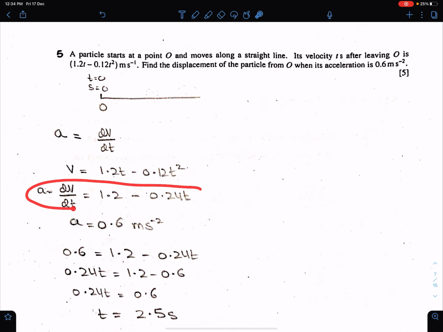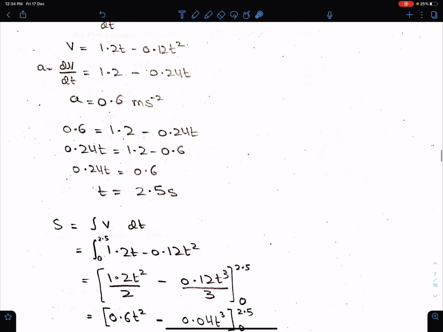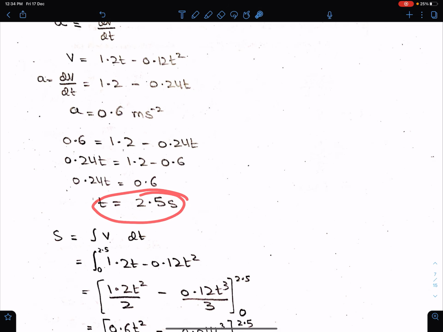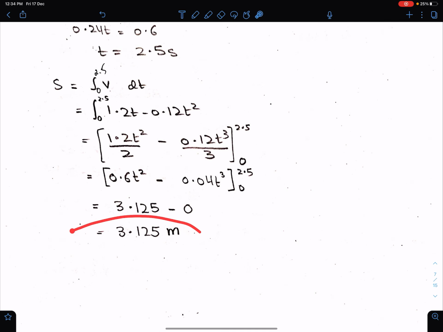This is the equation of the acceleration. Now use 0.6 here and get the value of t. So when acceleration is 0.6, time is 2.5. Now use this equation to get the equation of displacement from 0 to 2.5. So this will give you displacement.